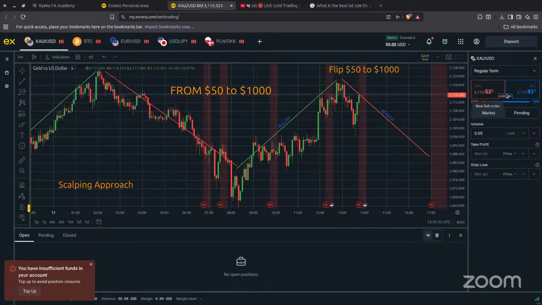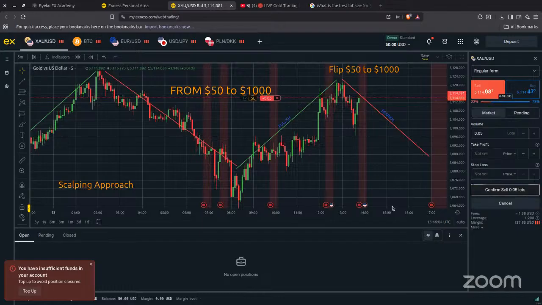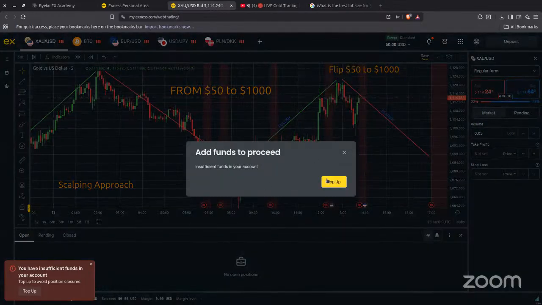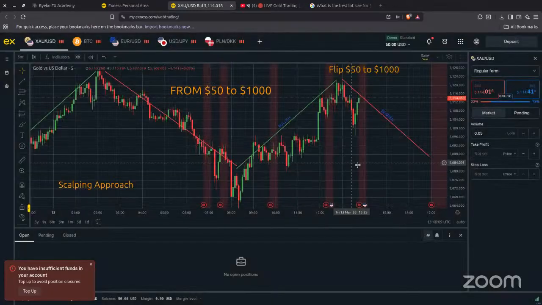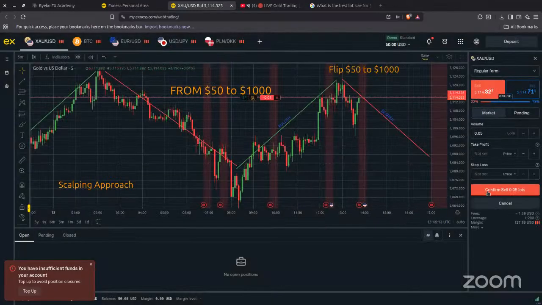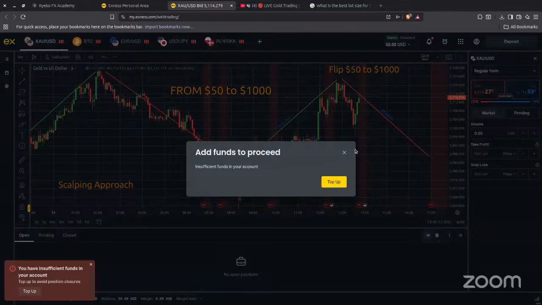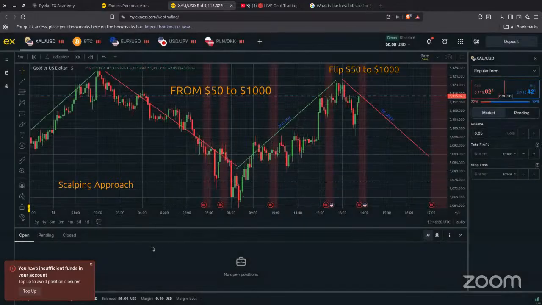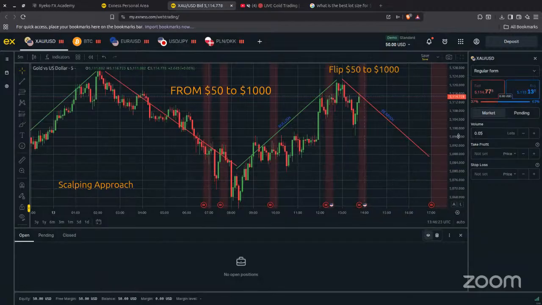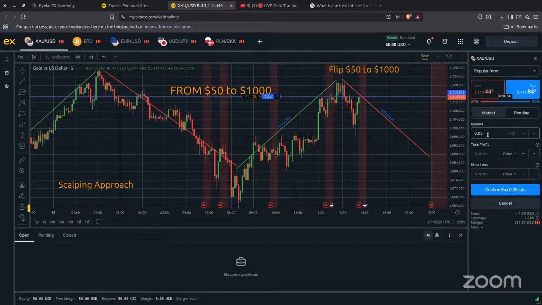Okay. We're taking too much risk. So I'm going to do this. I'm just going to sell that account. Why? Why can't I sell? So you just have to do like two.